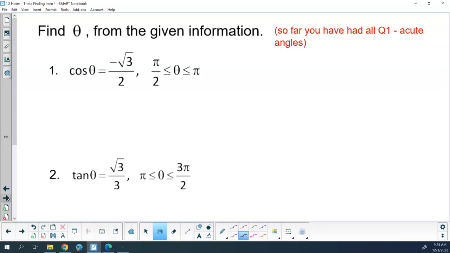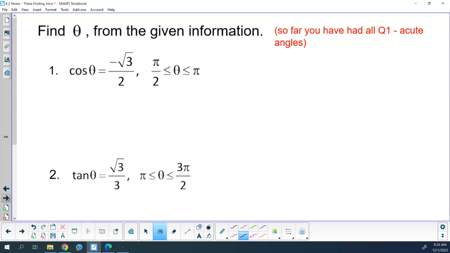So now, let's branch out outside of quadrant number 1. In order to be specific in terms of the angle that we're looking for, we are going to give you not only what the trig value is, but some other condition, because we have to narrow it down into one specific quadrant.